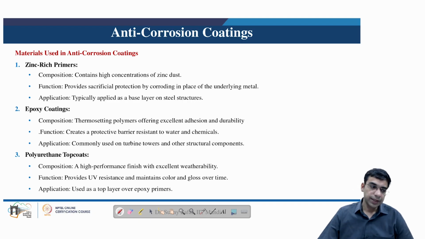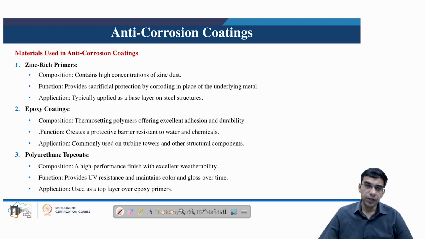The second type of material is the epoxy coatings. The epoxy coatings are basically thermosetting polymers which offer excellent adhesion and durability. The function of this epoxy coating is to create a protective barrier resistant to water and chemicals, and these are commonly applied on towers and other structural components of the wind turbine.